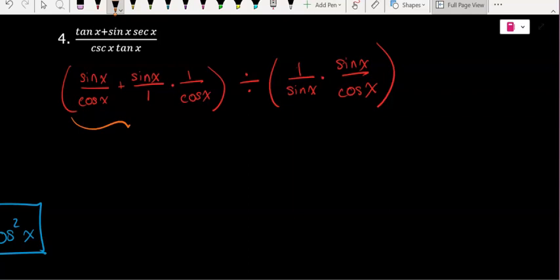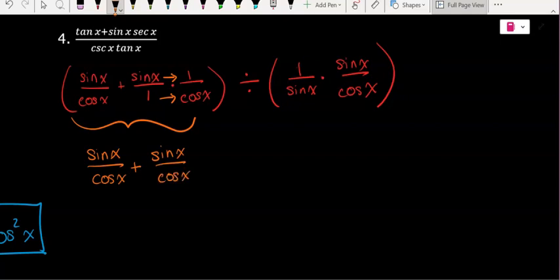If I look right here at this numerator, I have a fraction plus 2 things multiplied together. I've got to multiply this here and here, and that's going to get me just one thing on the right there. So I'm going to rewrite this as sine over cosine plus sine times 1 divided by 1 times cosine, which just gets me sine over cosine.